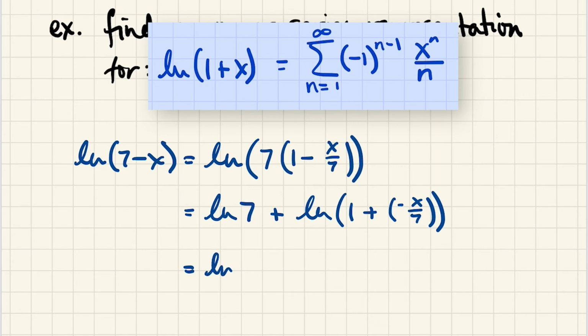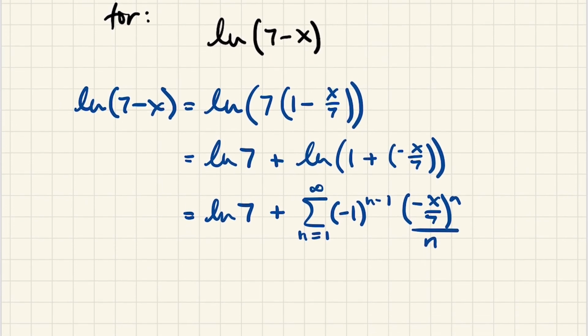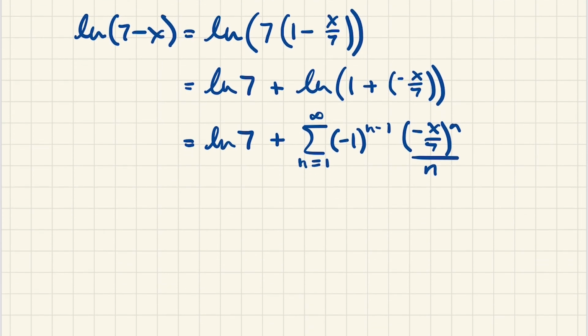So we have ln of 7 plus the sum from n equals 1 to infinity of negative 1 to the n minus 1, and then instead of x to the n, we're going to write negative x over 7 to the n, and this is all over n. So this is the form of ln of 1 plus stuff, and our stuff here is just negative x over 7. So all we have to do is clean it up.